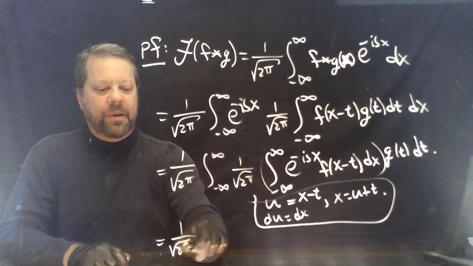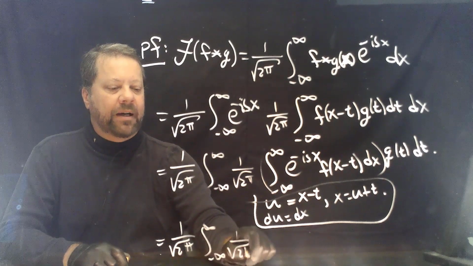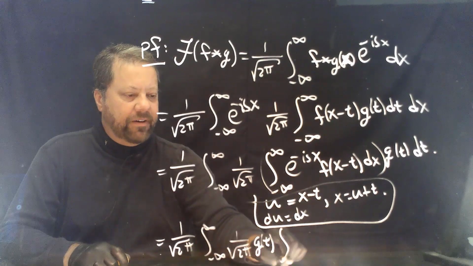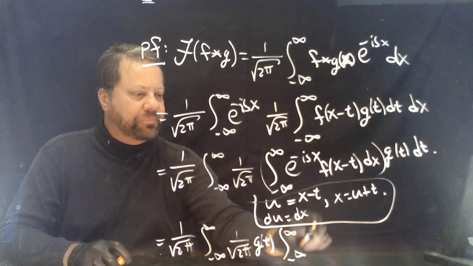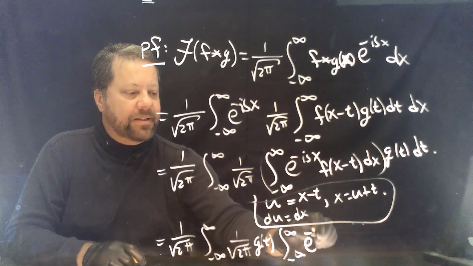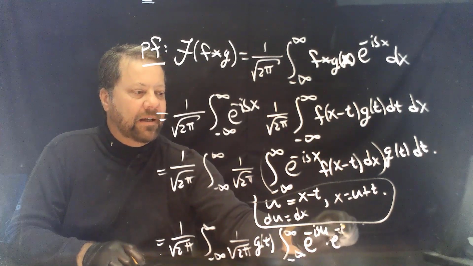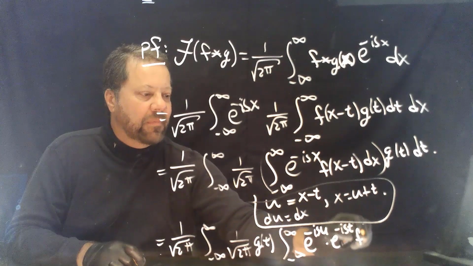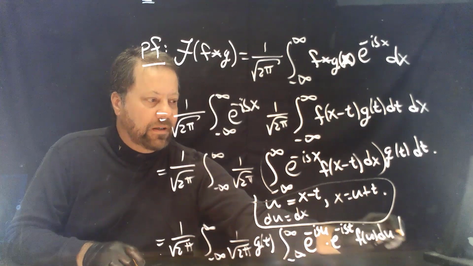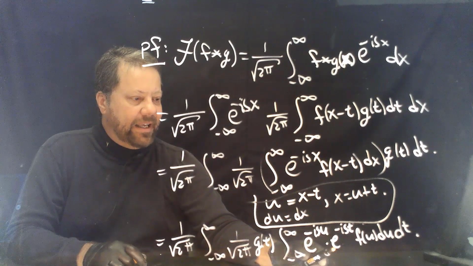We have 1 over root 2 pi, integral from minus infinity to infinity, 1 over root 2 pi g of t. Let's see what we have here. Integral from minus infinity to infinity. x gets replaced by u plus t. We'll have e to the minus isu times e to the minus ist, f of u, du, dt.